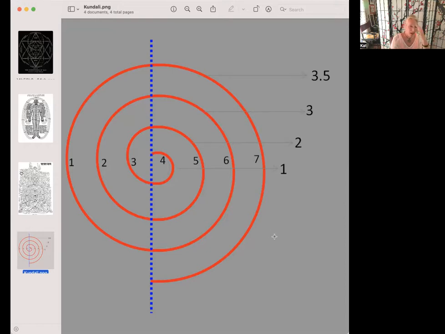And I don't know the math to this, but you can see here that there's 3.5 spirals, which creates 7 different intersecting points. And that's why there's 3.5 coils in order to create the 7 energy centers of man.